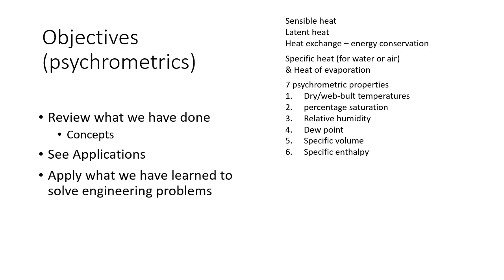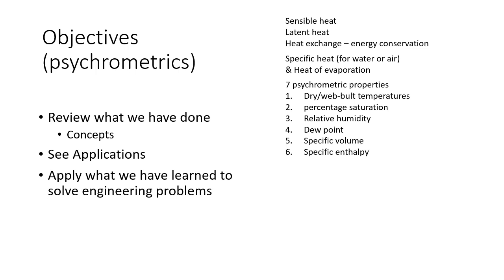Then specific volume is the volume of the air per kilogram of air. And then the specific enthalpy is the energy contained in 1 kilogram of air. And that air is a mixture of dry air and vapor.